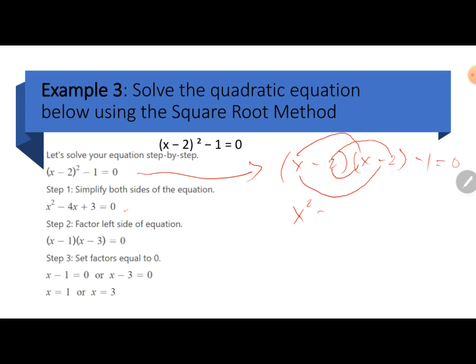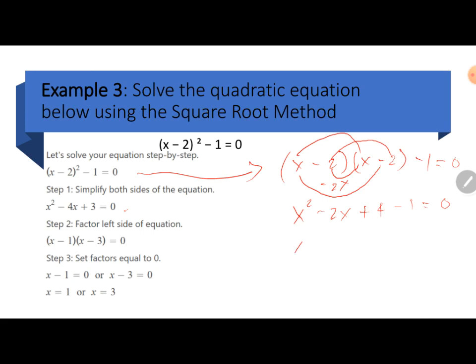Minus 2x. Then the other one would be minus 2x. And another one would be, right, plus 4. Minus 1 equals 0.